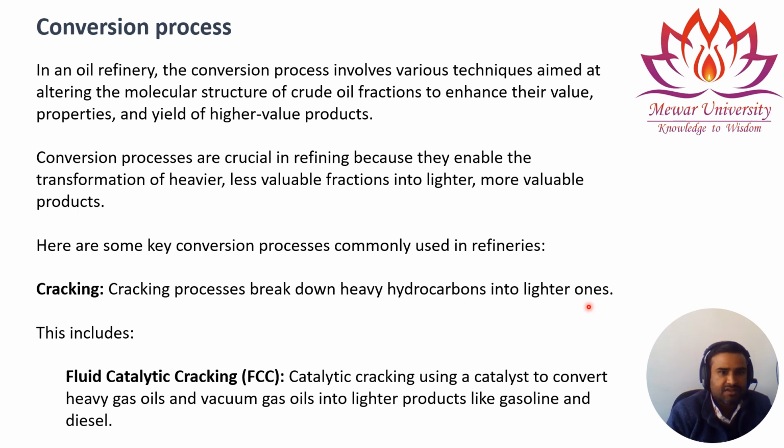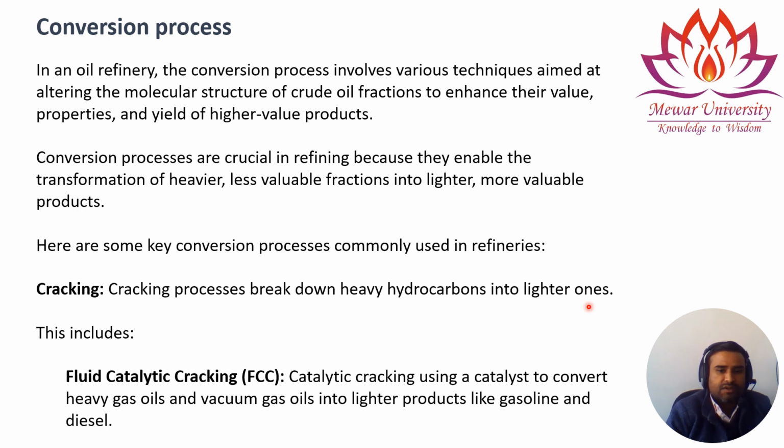So here are some key conversion processes commonly used in the refinery. The first one is cracking. The cracking process breaks down heavy hydrocarbons into lighter ones, and this includes fluid catalytic cracking, that is FCC. In fluid catalytic cracking, we use a catalyst to convert heavy gas oil and vacuum gas oil into lighter products like gasoline and diesel.